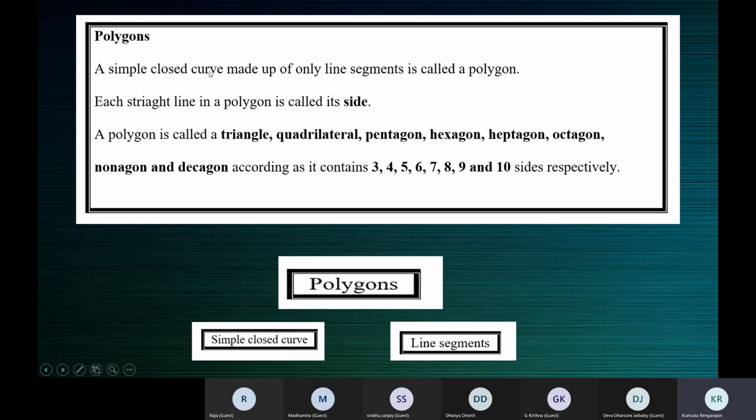Now, if the simple closed curve is made up of only line segments, then it's called a polygon. A simple closed curve made up of only line segments is called a polygon.